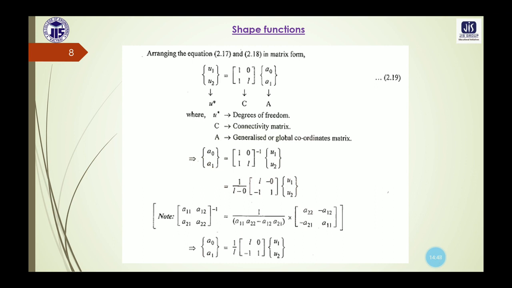So this equation number 2.19 can be written as, instead of u1 u2, [a0 a1] equals the inverse of the connectivity matrix multiplied by [u1 u2].